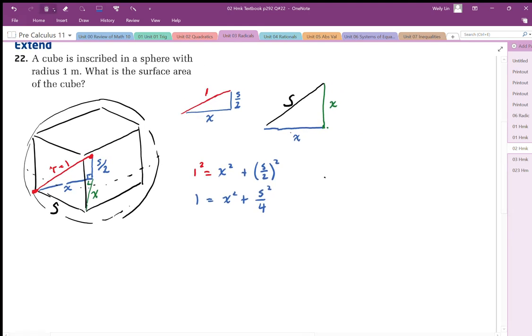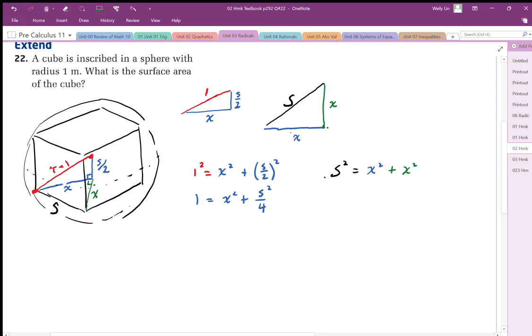And the other relationship is going to come from that other triangle here. So I'm going to end up with s squared is equal to 2x squared. So I get x squared plus x squared, or 2x squared. Okay, so that's my other relationship.